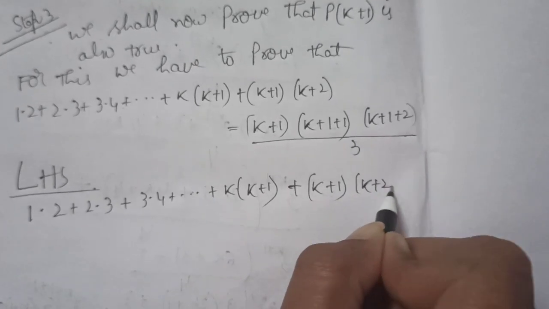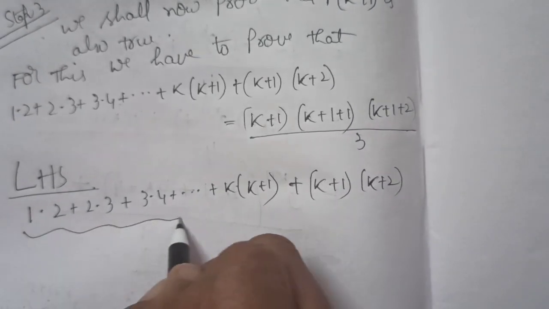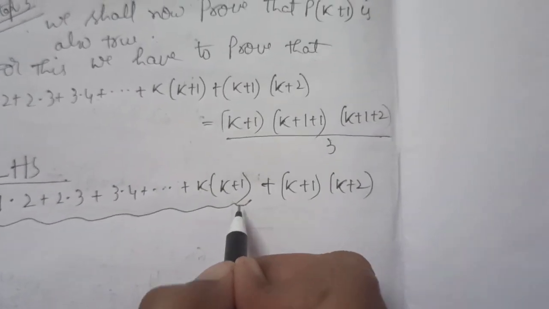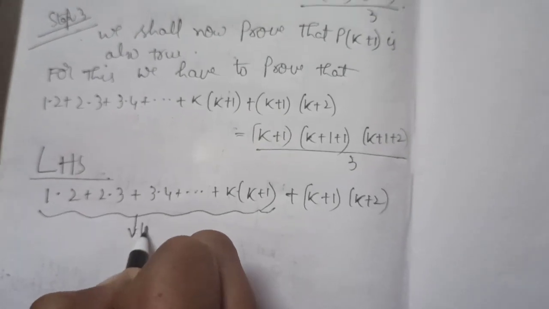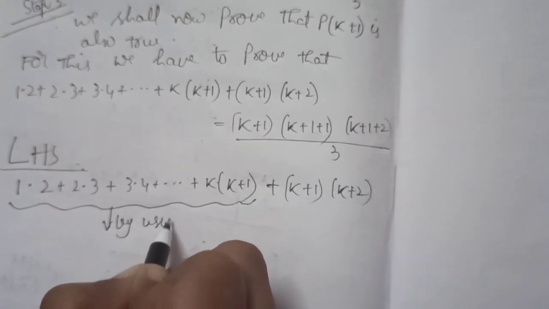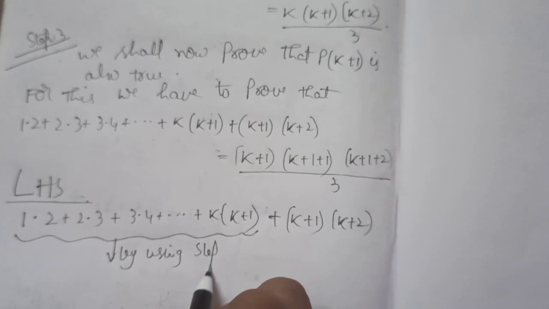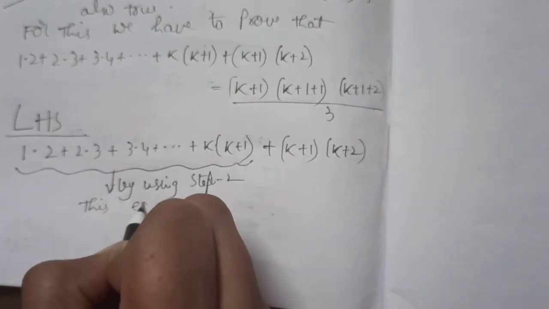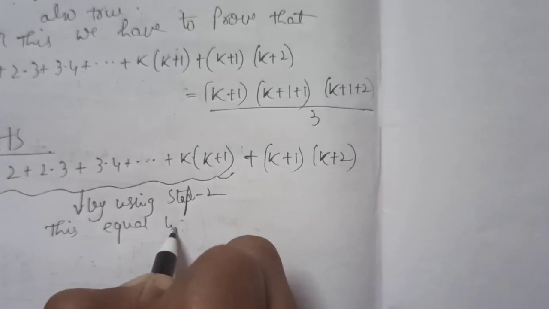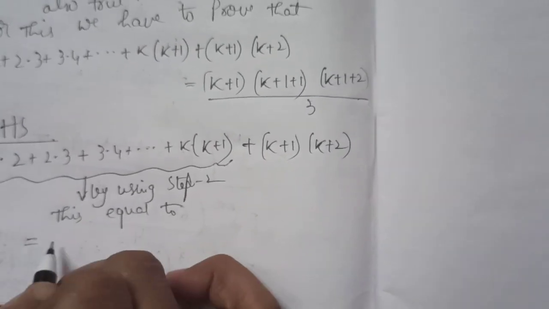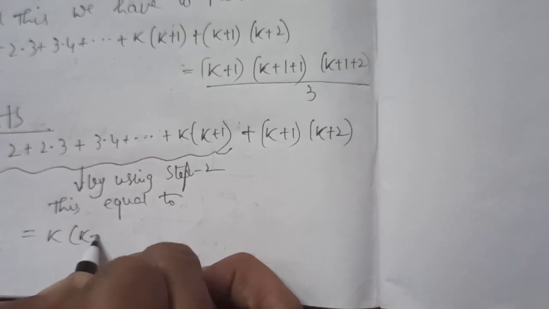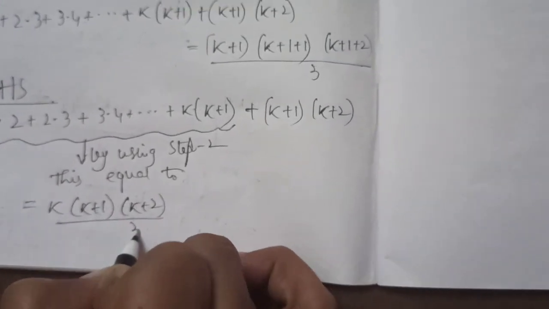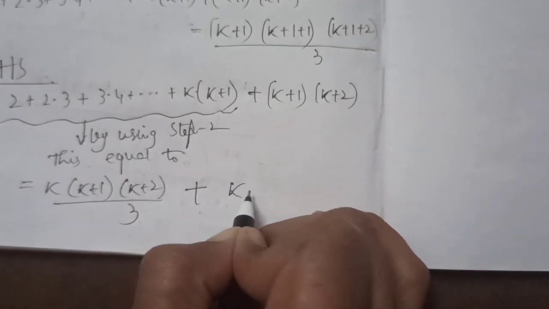But up to here, in my step 2, what is the value? By using step 2, this is equal to k into k plus 1 into k plus 2 by 3 plus k plus 1 into k plus 2.